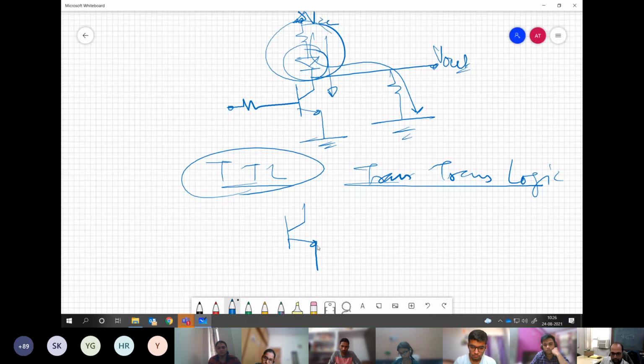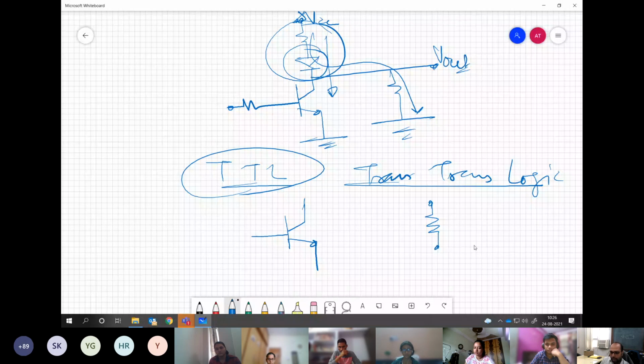We know that when a transistor is in the cutoff zone, it is equivalent to very high impedance. And when it is conducting, it is equivalent to a short circuit, almost, or a very small EMF over there. Isn't it?